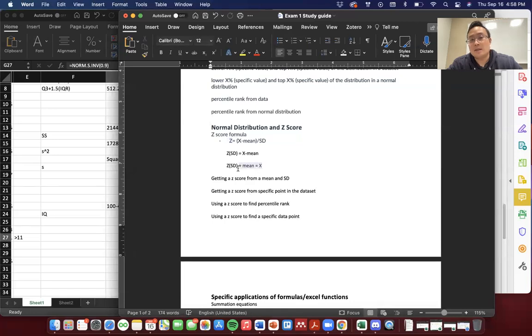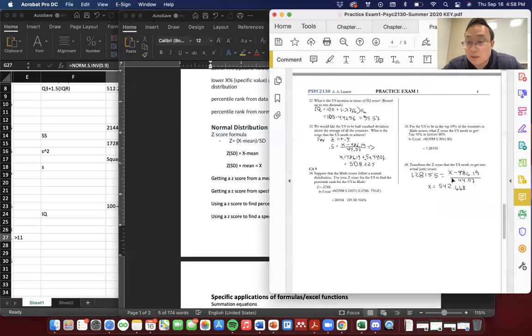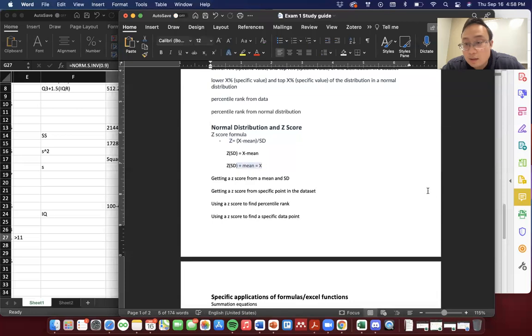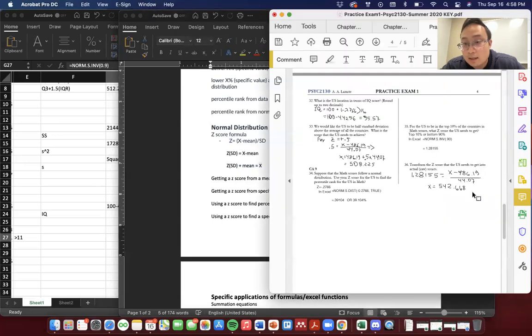You have to find the x. So you just plug it into this equation, do algebra, which is what I did here. Use this equation, and you would get this number. So we would have to score 542.668 in order to be in the top 10%.